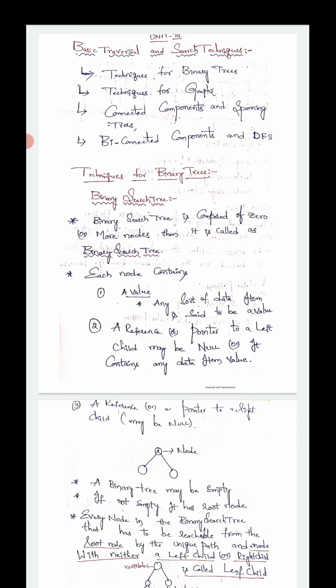Coming to the reference, the node contains a value and a reference or pointer to a left child, which may be null or contain a data item value. The third key point is a reference or pointer to a right child, which may also be null or contain a data item value.